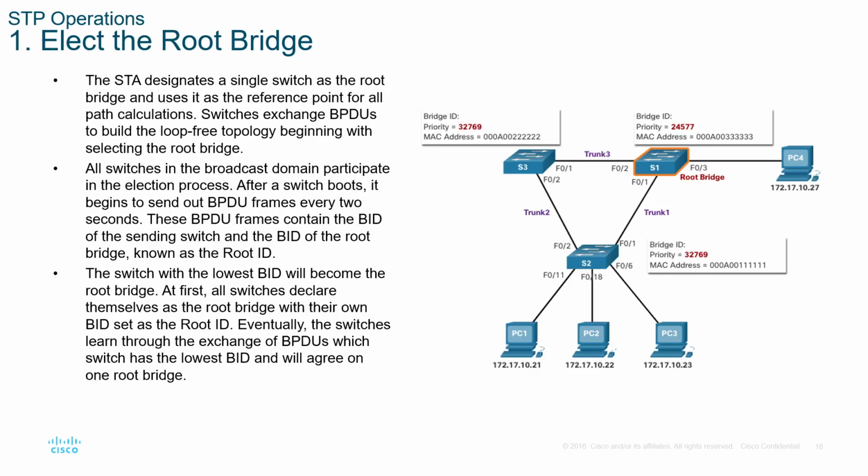Now, in the scenario that is shown, we have a three switch topology. So we have S1, S2, and S3. In this case, S1 was elected the root bridge just because it has the lowest priority out of all of the others.